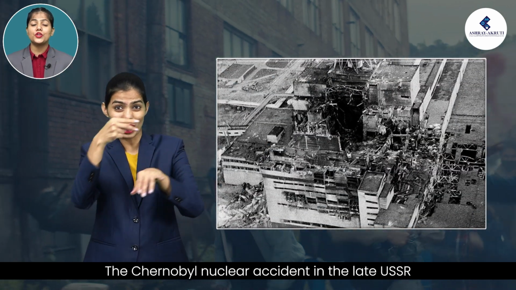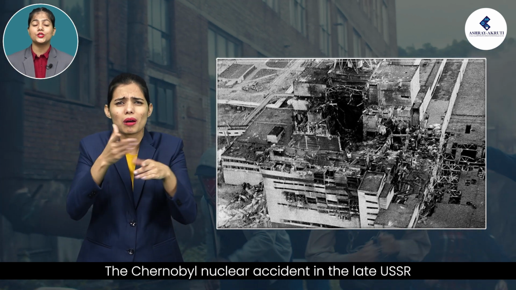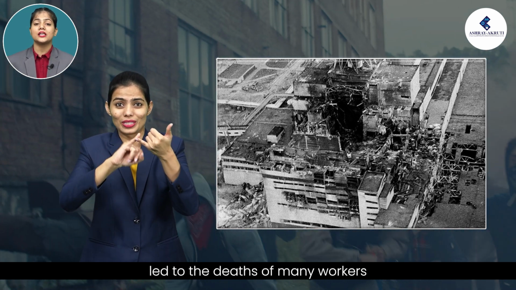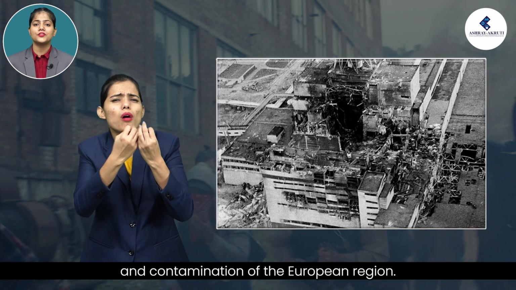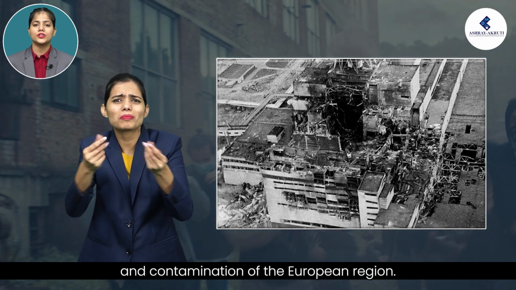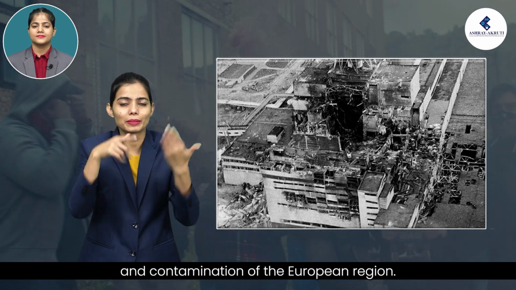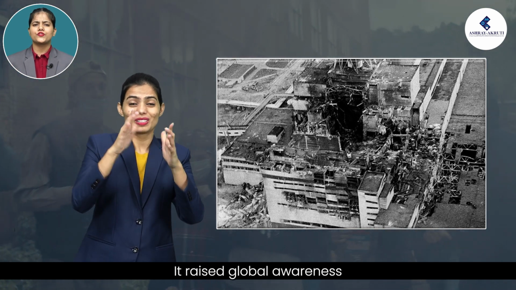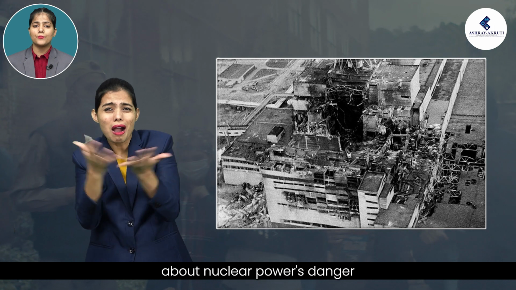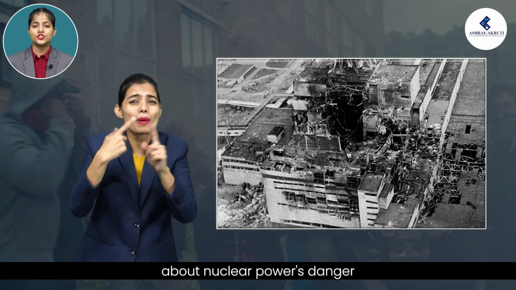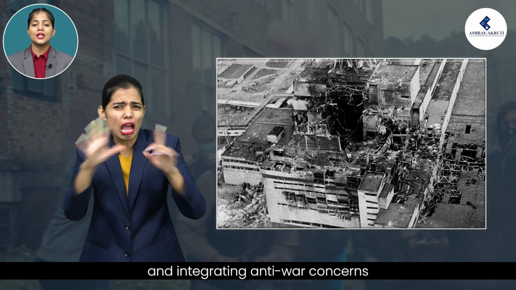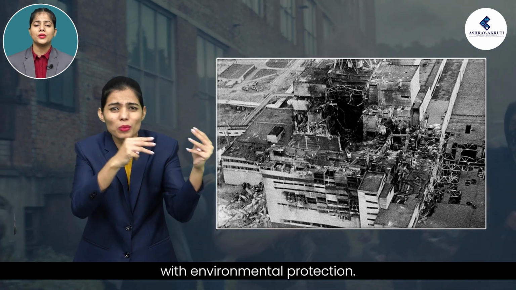The Chernobyl nuclear accident in the late USSR led to the deaths of many workers and contamination of the European region. It raised global awareness about nuclear power danger and integrated anti-war concern with environmental protection.